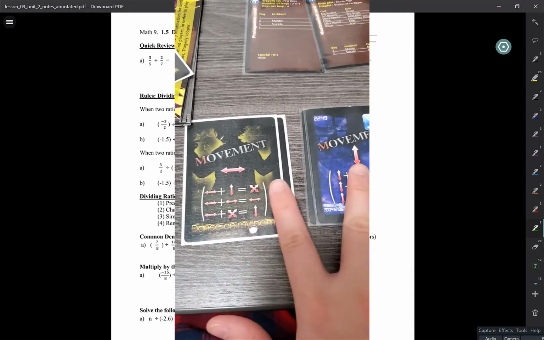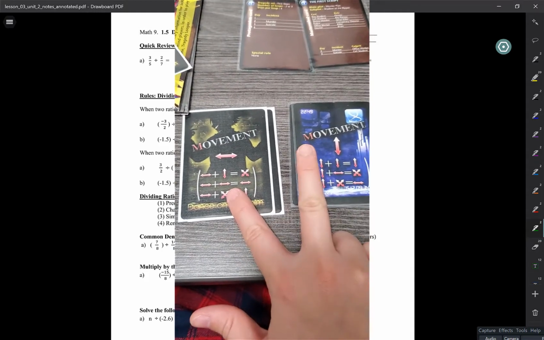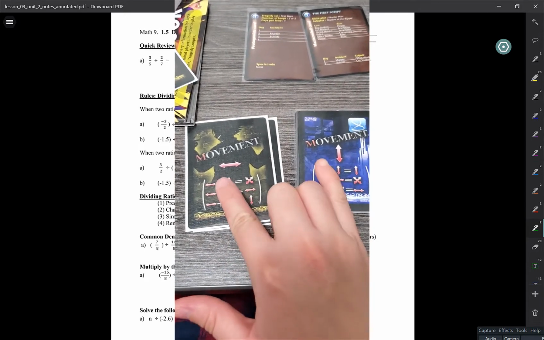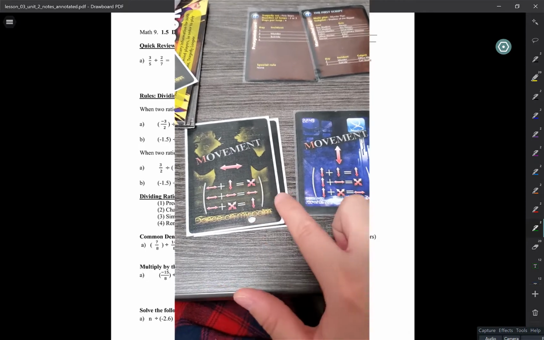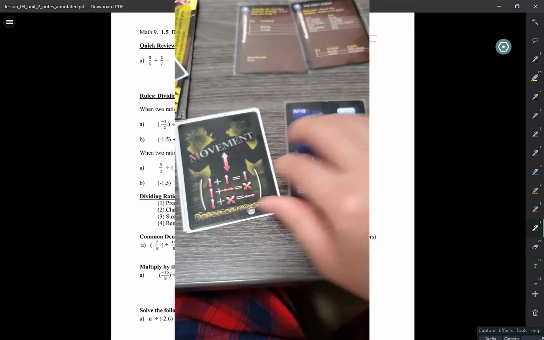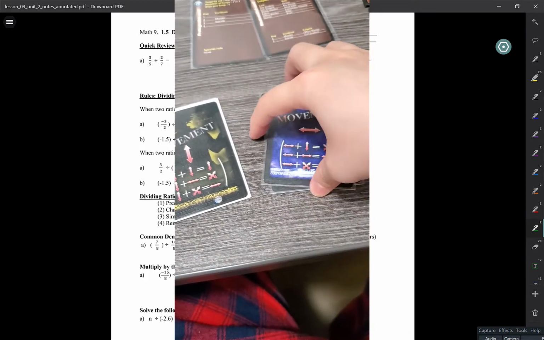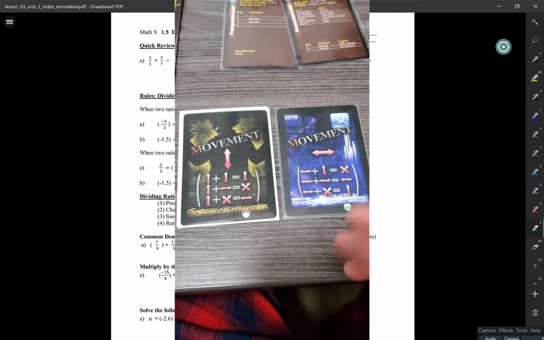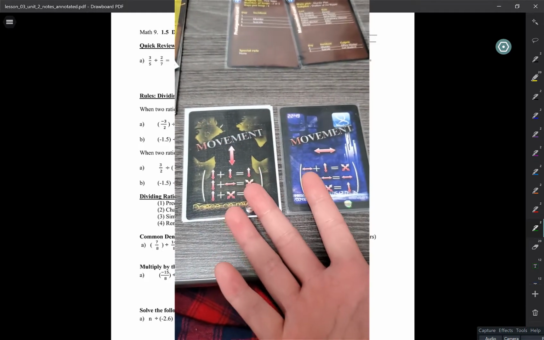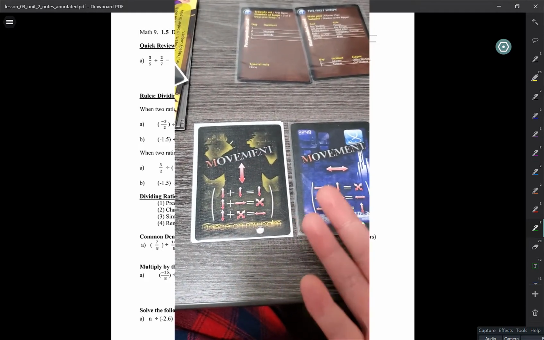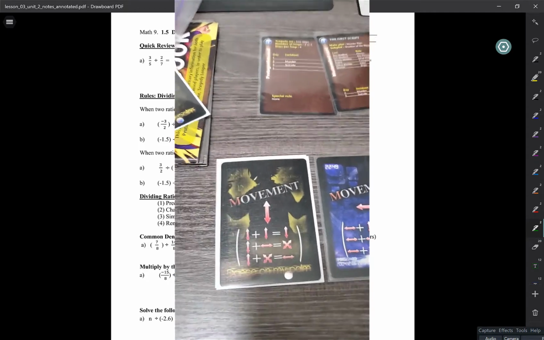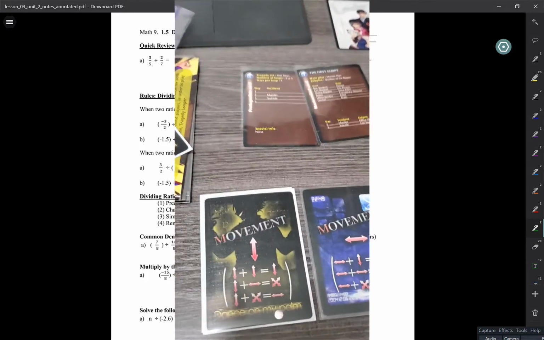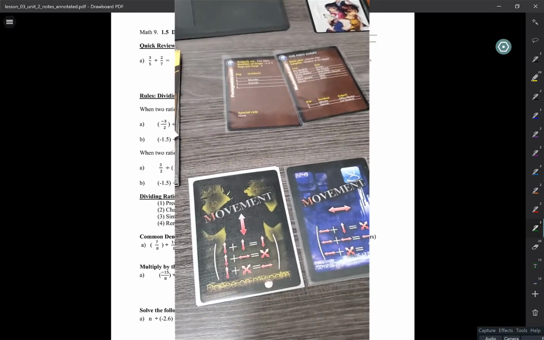So for example, if I have these 2 movements here, played by the protagonist and the Mastermind, notice that if I go sideways and vertically, I get a diagonal, but if I had switched them, if I had flipped their movement directions, then I still, in the end, get exactly the same movement: they move diagonally. So that's the idea with dividing fractions. If I flip the fraction, if I multiply by the reciprocal, that gives me exactly the same answer. So doing that doesn't change anything.